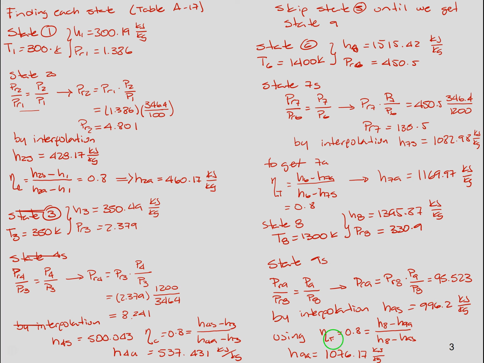Using the definition of the isentropic efficiency for the turbine and knowing that the value is 0.8, we can get the value of our H9A. Now we have H9A, so we can come back here to find the value of state 5.